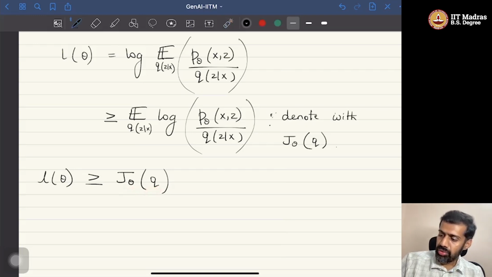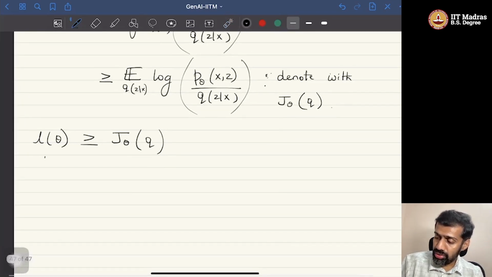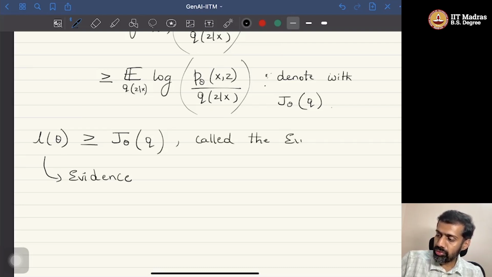Okay, now the likelihood function is also called the evidence function. And this happens to be a lower bound on the evidence, and therefore this is called the evidence lower bound.